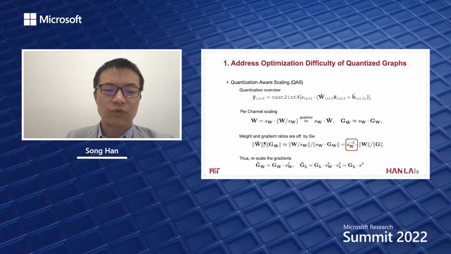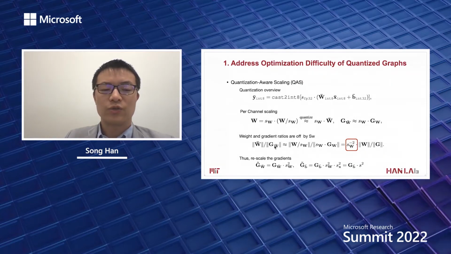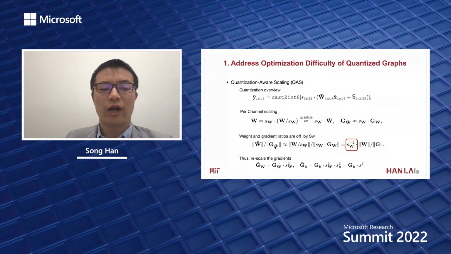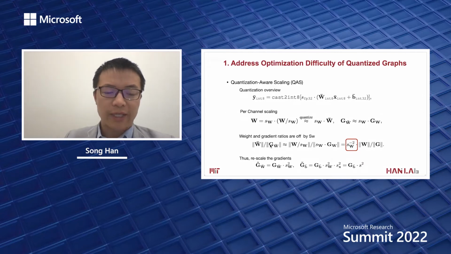But what happens if we measure the ratio of weight over gradient? Why does this matter? We want to make sure for different tensors, the weight over gradient ratio is roughly the same. Otherwise, for certain layers, if the gradient is too large or too small, the optimization will not be stable, right? So after quantization, what is the ratio between this quantized weight and the gradient with respect to this quantized weight?